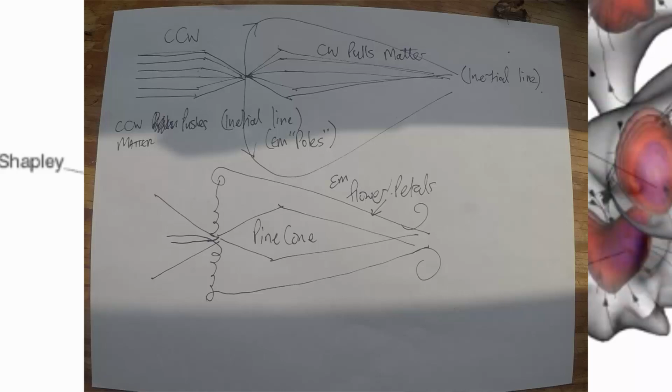I've got an inertial line going upwards, and I've got an inertial line going straight through the middle, horizontal. That's because there are no poles. That's what you need to understand. The inertial line horizontal comes from the beam that passes straight through the Earth and out. The part where it spins over, you look at the bottom where it says pine cone, that's where our wave crosses over and throws up an EM field, and it's not actually a vortex.